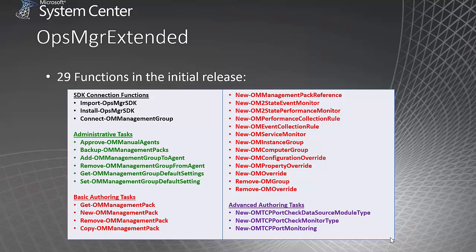The black ones are the ones that everyone uses to deal with the SDK and establish connections to a management group. The green ones are the administrative tasks. The red ones are what I call the basic authoring tasks, where you can do rules and monitors, overrides, groups, etc. New management pack, delete management pack.